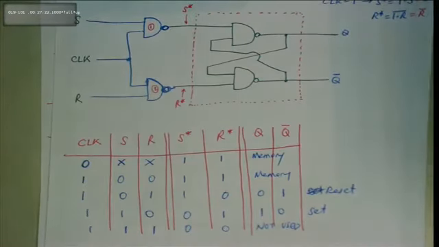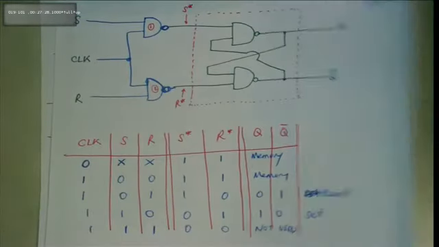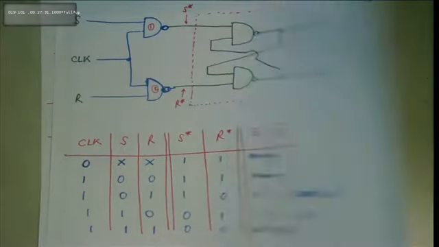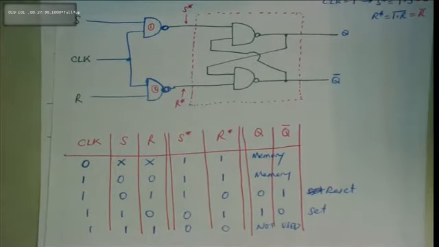So if there's 3 inputs, how many lines on our truth table? 8 lines, right? But we already know that if clock is 0, it doesn't matter what S and R are, S star and R star will be 1, 1. Yeah? Okay, we already explained that.